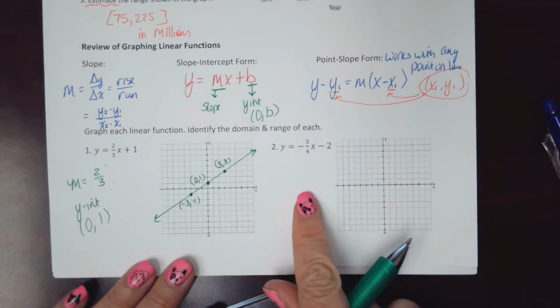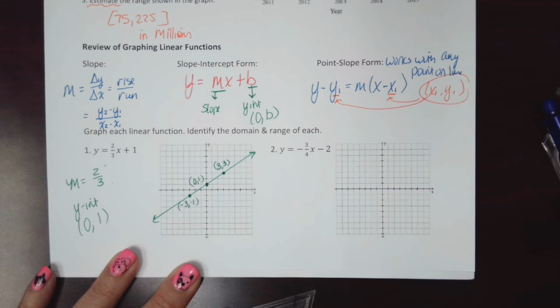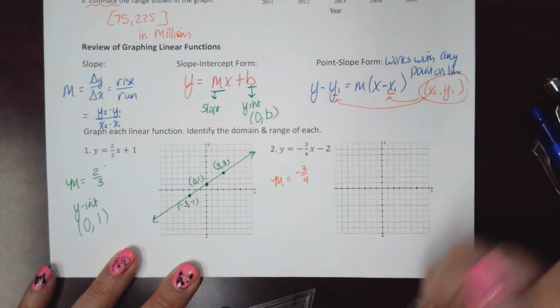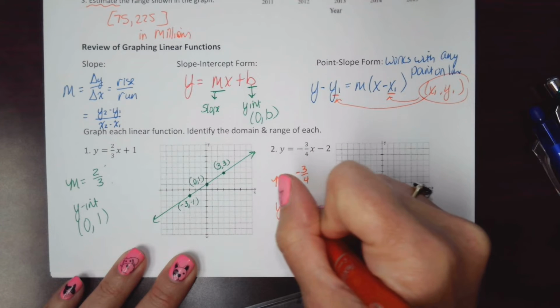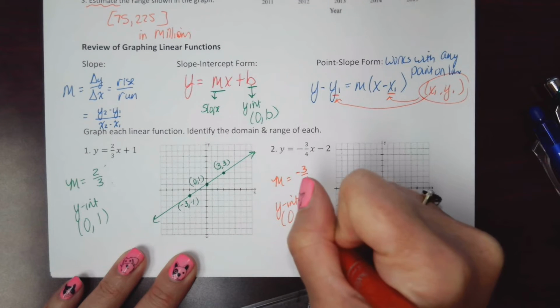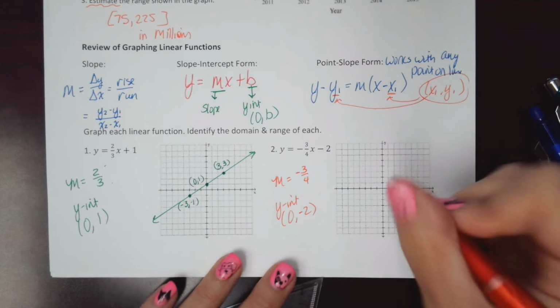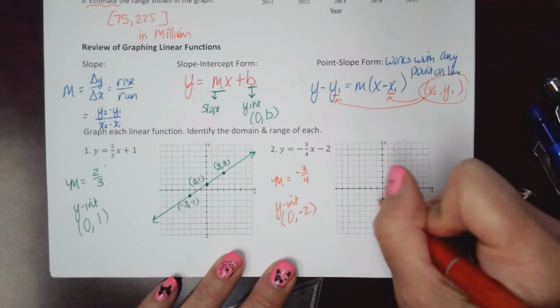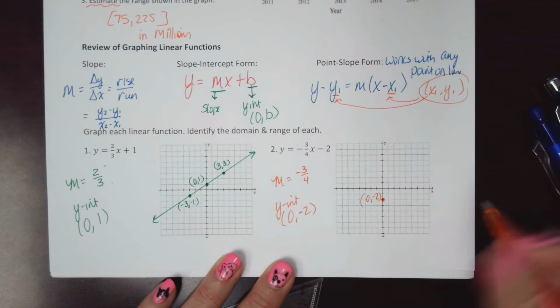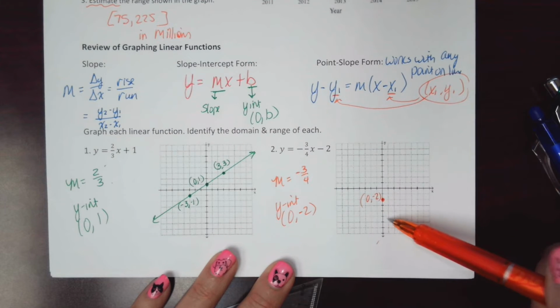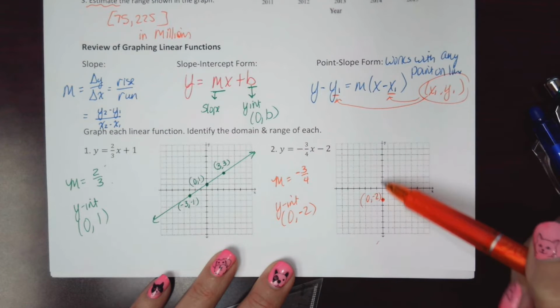All right, what about this one? Well, I see that I've got a negative slope here. Let's change colors. Negative slope, -3/4. My y-intercept, where x is 0, y is going to be -2. That y-intercept is my starting place. So I start on the y-axis at 0, -2. I've got a negative slope, so I'm going down. So when I graph my next point, I can go down and to the right, or I could go up and to the left.